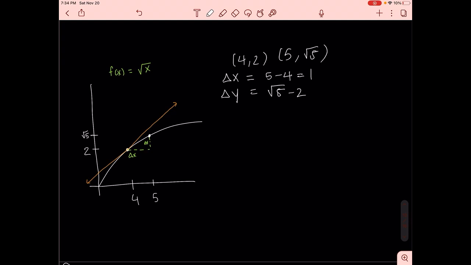Okay, so if I wanted to simplify this a little bit further from here, but I did not have a calculator, it would be kind of difficult. So that's where dx and dy can come into play. So how do dx and dy relate to delta x and delta y? Well, delta x is just going to be equal to dx.